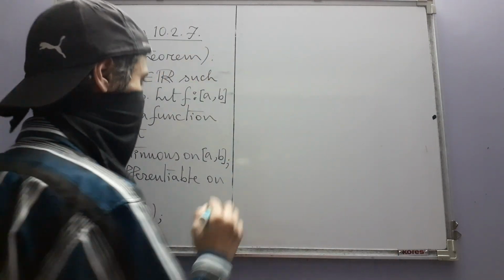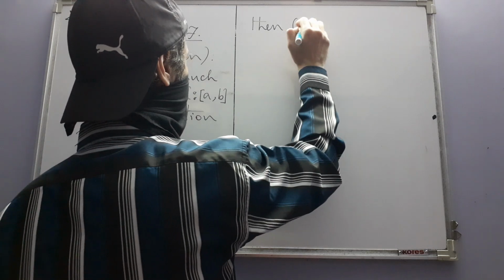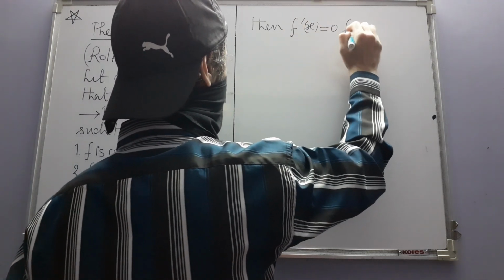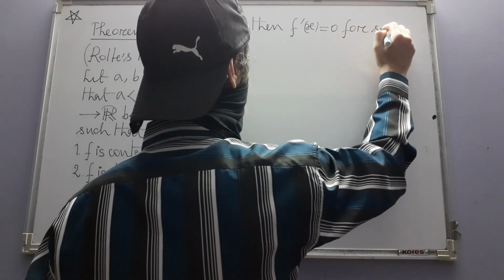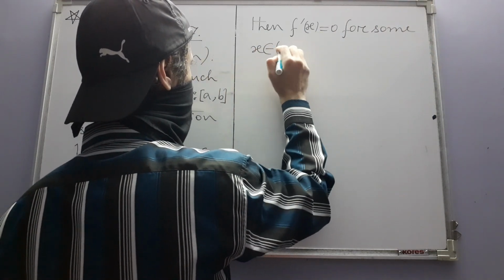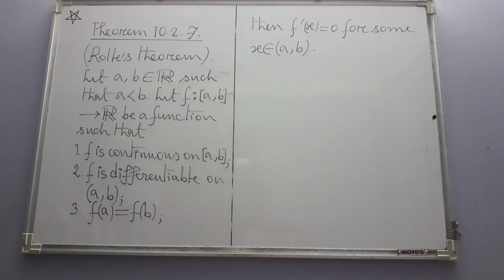Then F prime of x is equal to 0 for some x belonging to the open interval a comma b.